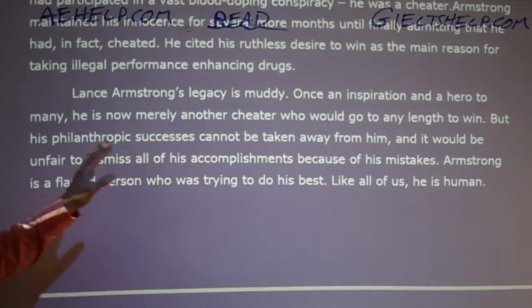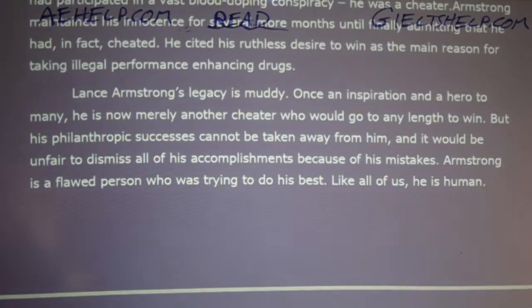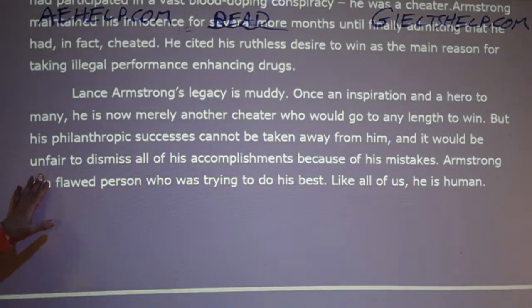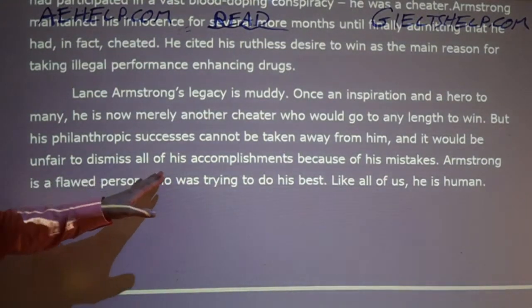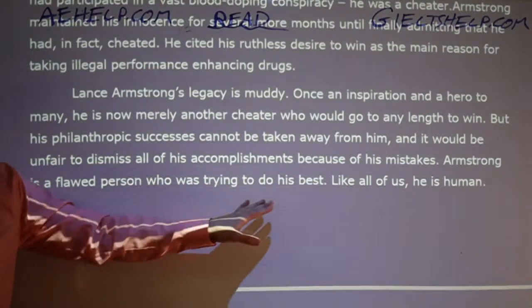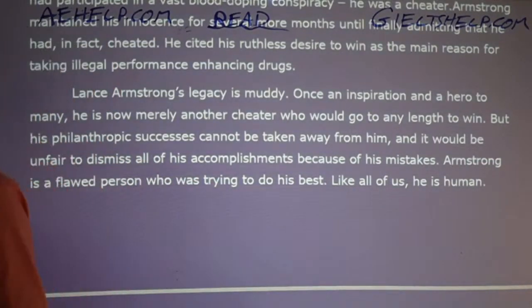Once an inspiration and a hero to many, he is now merely another cheater who would go to any length to win. But his philanthropic success cannot be taken away from him, and it would be unfair to dismiss all of his accomplishments because of his mistakes. Armstrong is a flawed person who was trying to do his best. Like all of us, he is human.